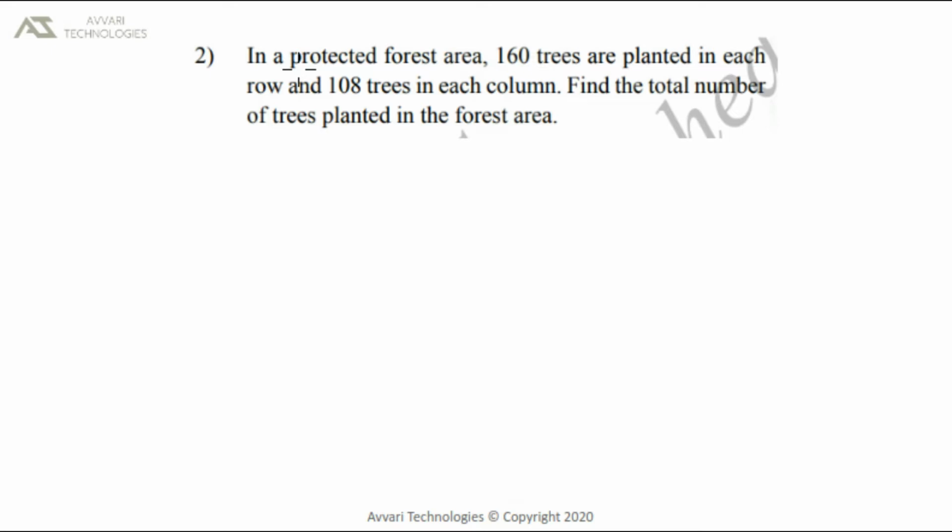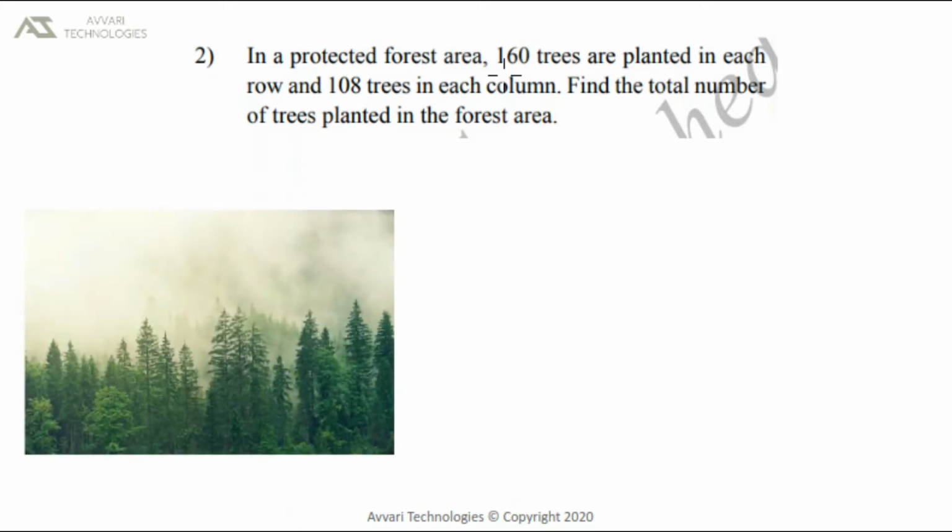Now let us solve a verbal example. In a protected forest area, 160 trees are planted in each row and 108 trees in each column. Find the total number of trees planted in the forest area.